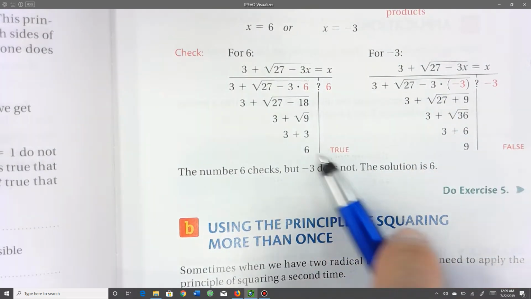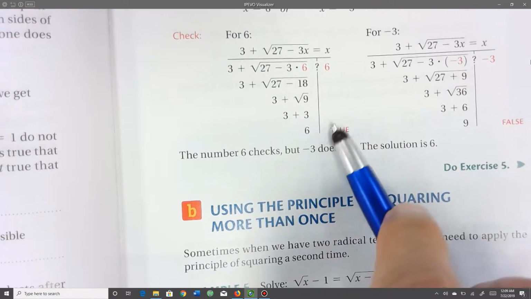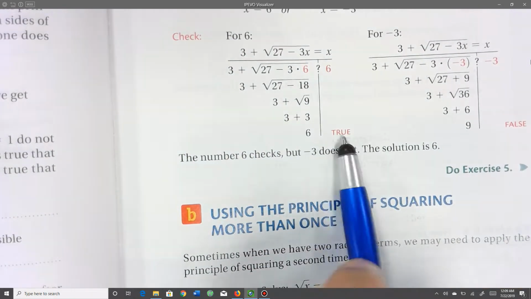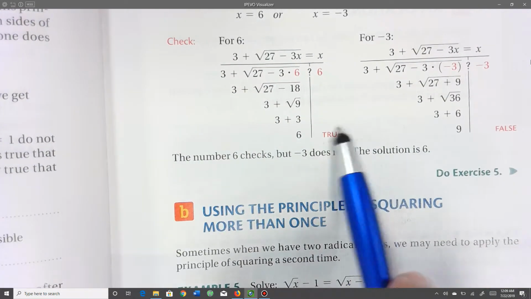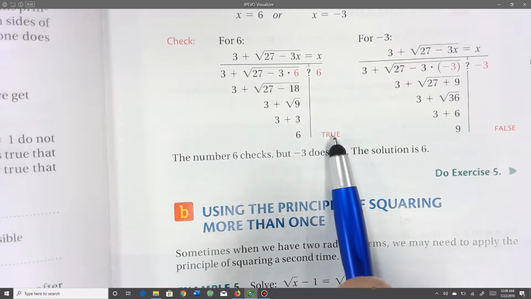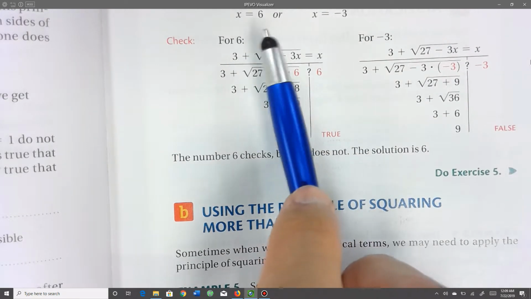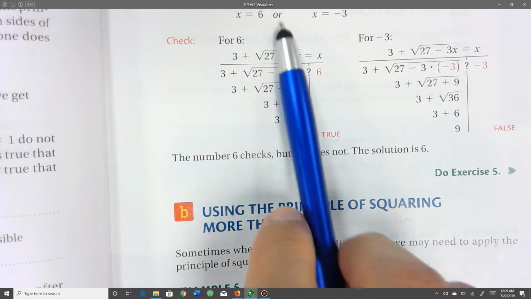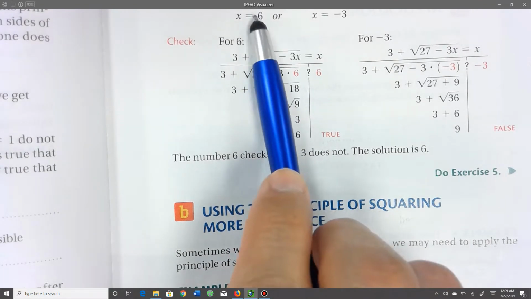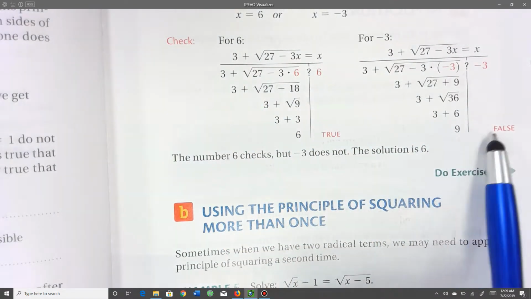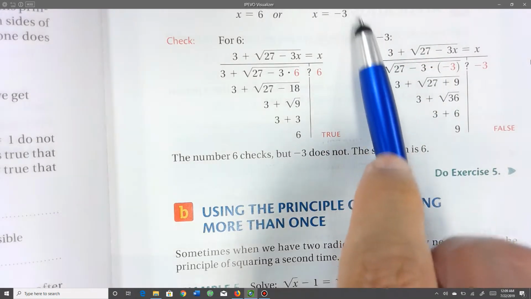Go ahead and work it out, and if you get a true statement, then the value you got is a solution of the equation. If it is false, then it isn't.